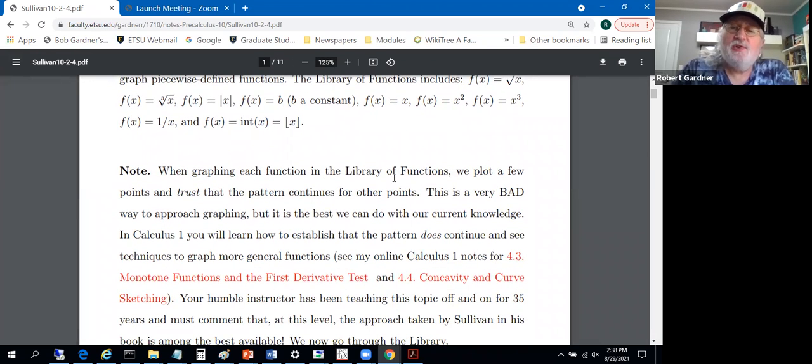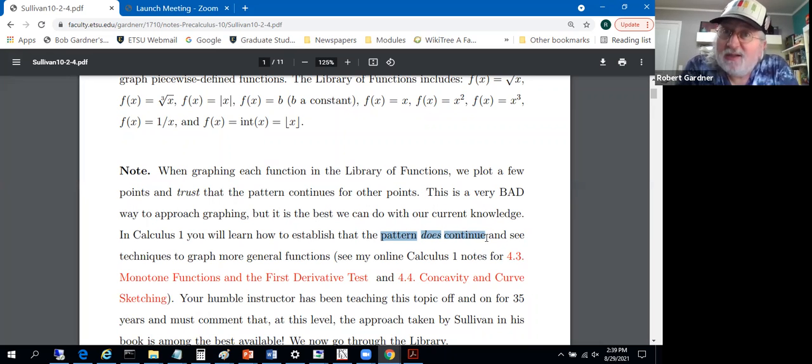When graphing each function in the library of functions, we plot a few points and trust that the pattern continues for other points. This isn't the way to graph something in the absence of any other knowledge, and maybe it's all you've got. In general, it's a bad way of graphing. As I said, you want to plot special points, or this idea of there being some pattern that we will assume continues.